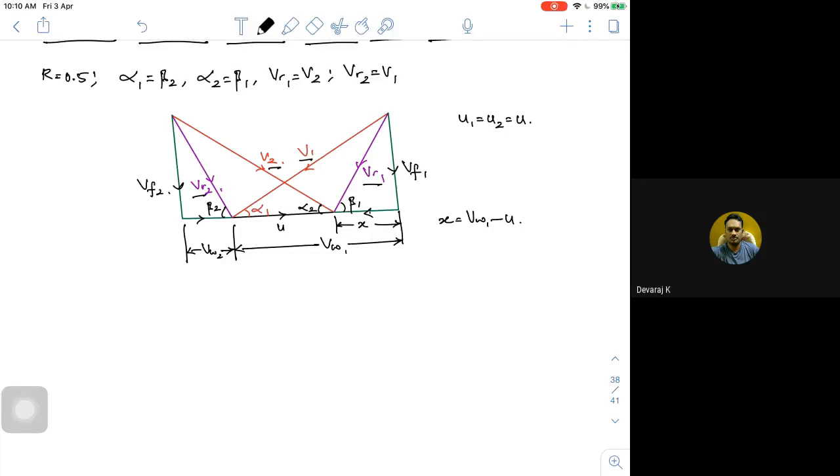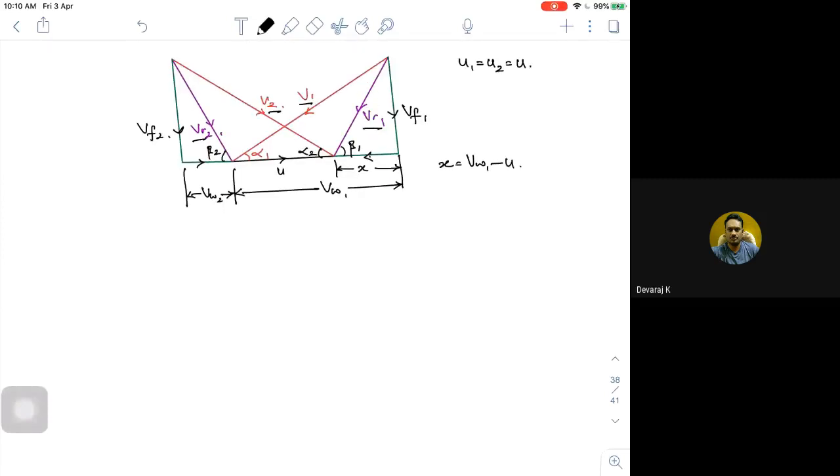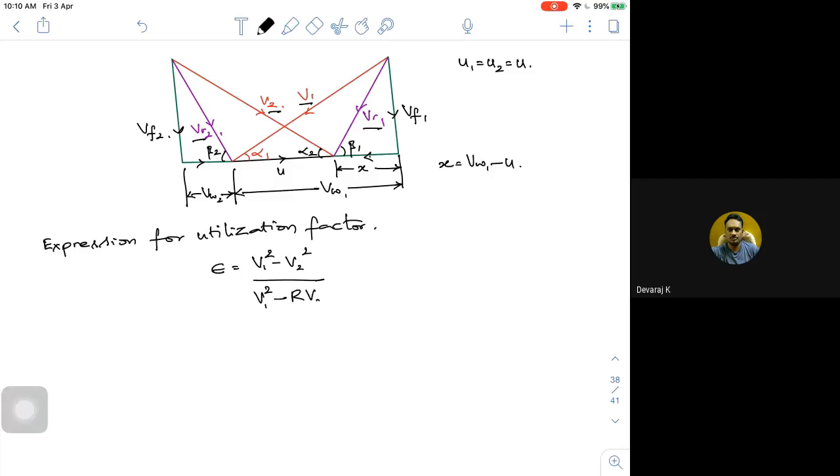Now let's go back, we have derived the expression for the utilization factor. This we have already derived, that is epsilon is equal to V1 square minus V2 square divided by V1 square minus R into V2 square.